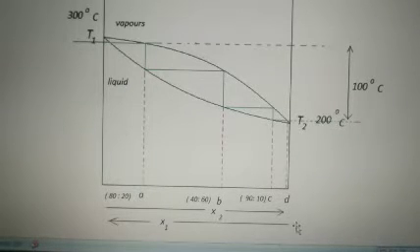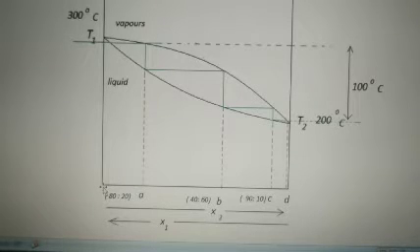In a similar fashion, let us discuss x1. x1 is starting from this point. At this point, the first component is 0%. Up to this place, it is only 10%. Up to this place, it reaches 40%, 0.4. As we reach here, it is 0.8, or you can say 80%.